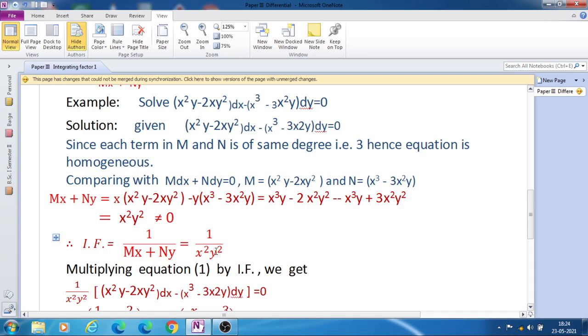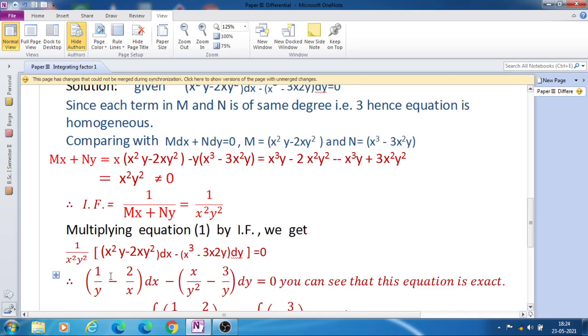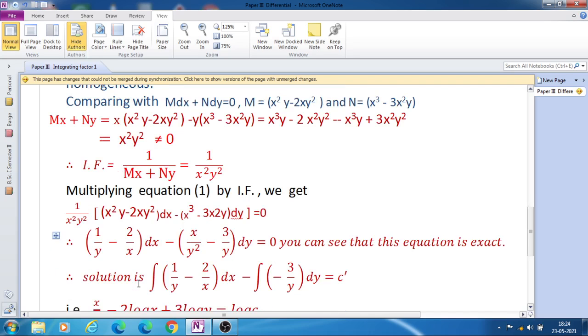Now, to solve the differential equation, we have to multiply the given equation by the integrating factor. So multiplying equation 1 by 1 upon x square y square, we get this equation.